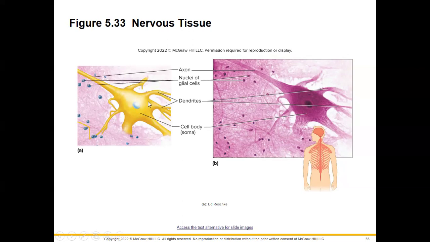And then you're going to have one axon that comes off of that soma, and the axon is going to send that signal to the next cell, whether it's another neuron or a muscle or gland or some other cellular structure. So signals are received by dendrites, pass through the cell body or the soma, and then go into the axon to be sent to another type of cell.